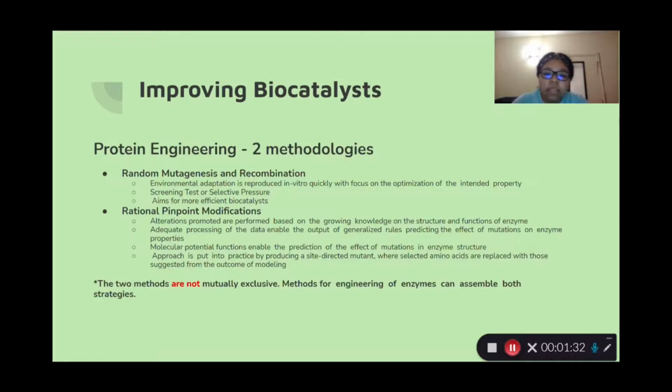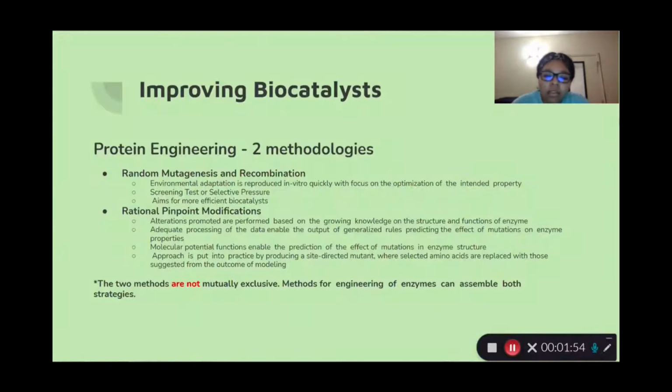So there are two methods of protein engineering, and they are random mutagenesis and recombination and rational pinpoint modifications. During random mutagenesis and recombination, environmental adaptation is reproduced in vitro quickly with a focus on optimization of the intended property.